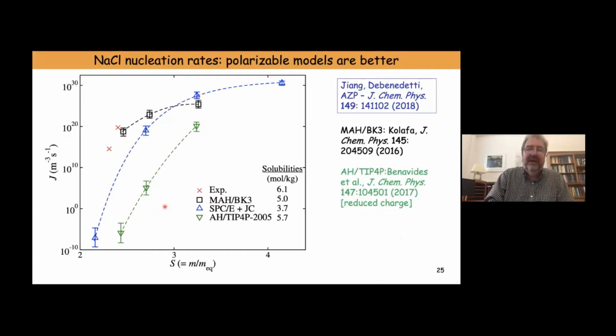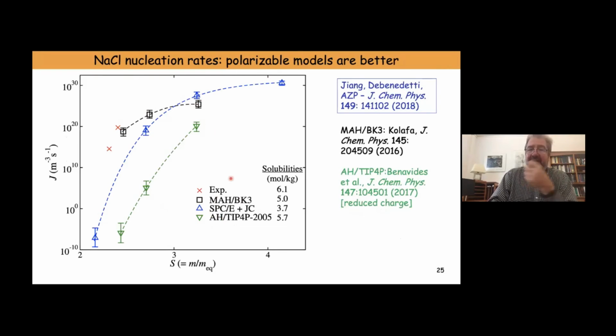Okay, so after we fixed the methodology, what we found, and the key point here, is that the polarizable models, which is this MAH BK3 model, the black squares, do much better in matching experimental data than the non-polarizable model calculations we showed you earlier.